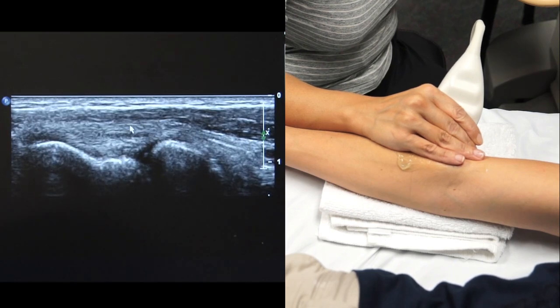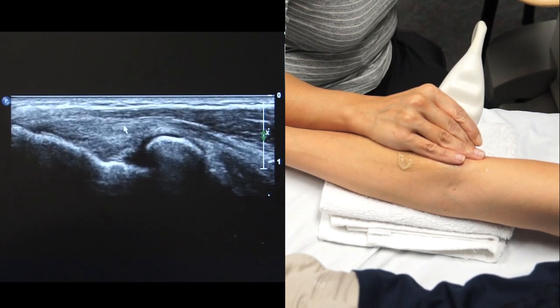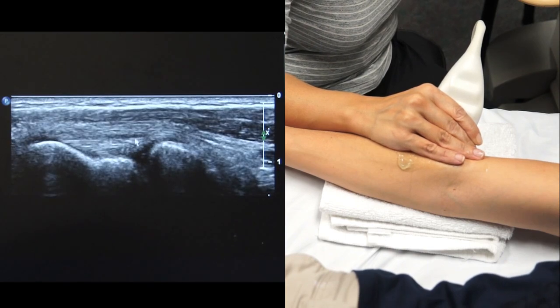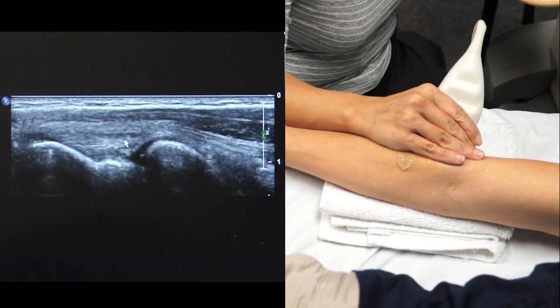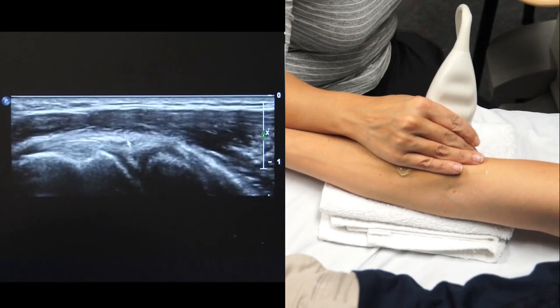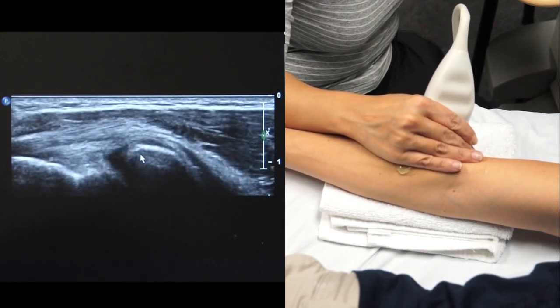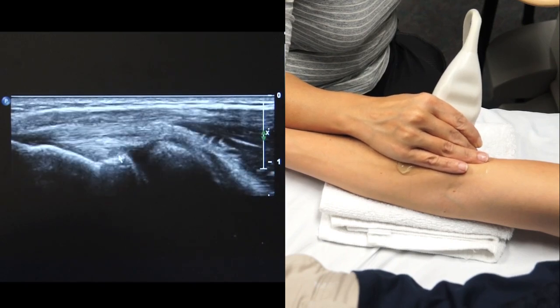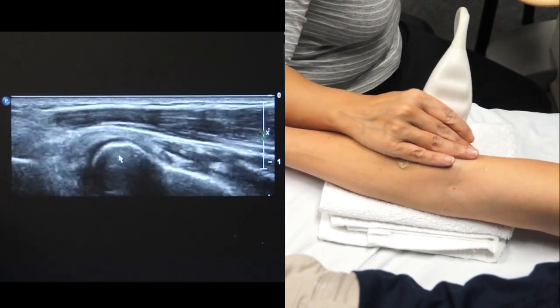I just want to point out that sometimes it is difficult to separate it from the common extensor tendon. Sometimes you may see a demarcation, but it is the more anterior structure that comes across the joint.